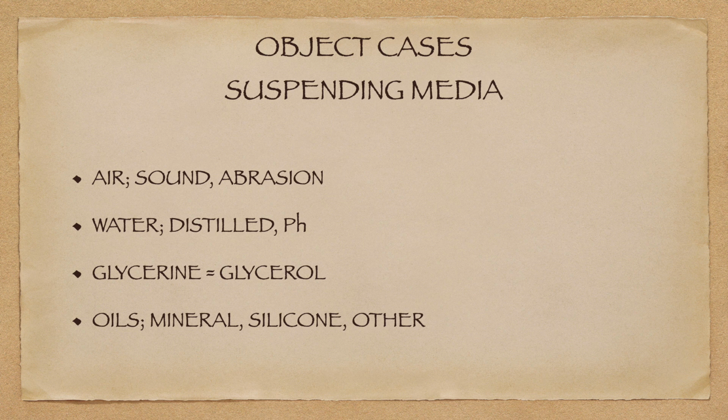The other name for glycerin is glycerol, in which the OL ending indicates an alcohol. Many alcohols are azeotropes. That means that the material absorbs water out of the atmosphere and dilutes the material itself.